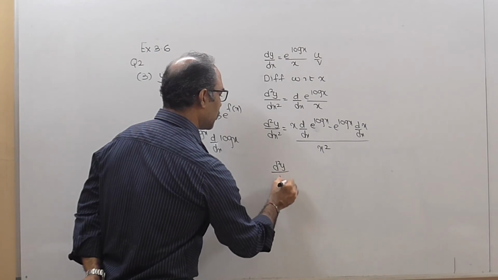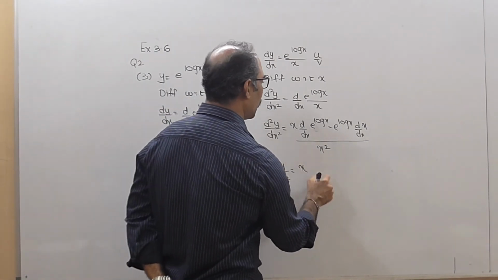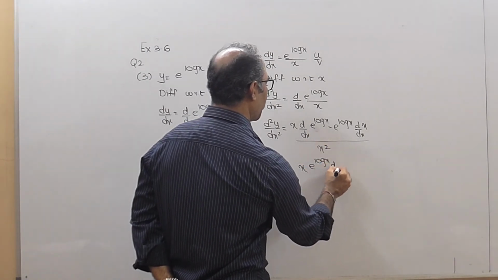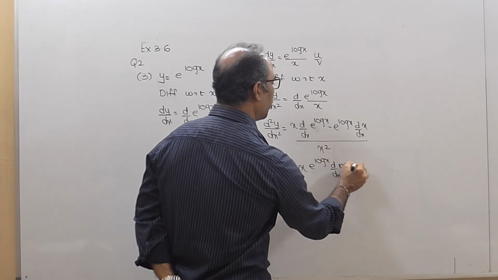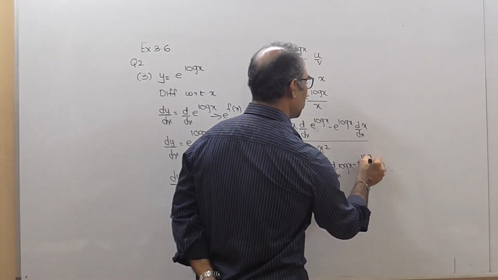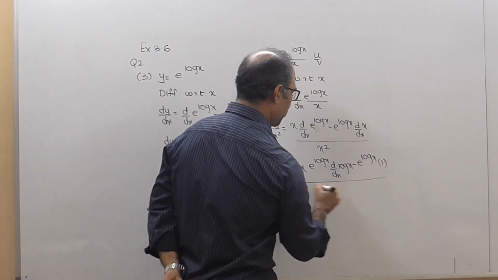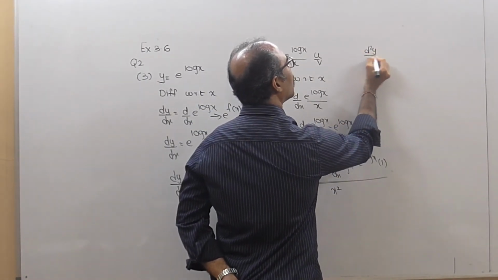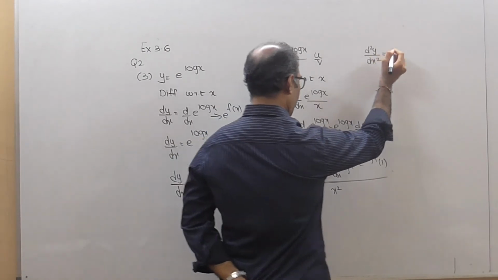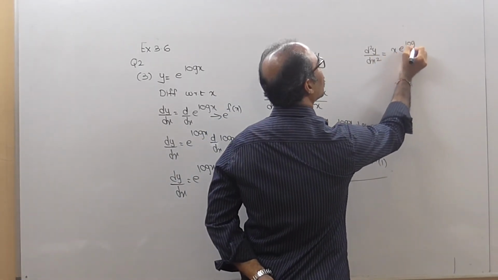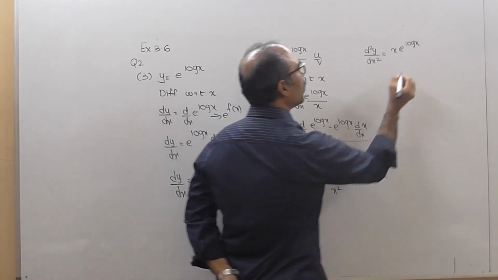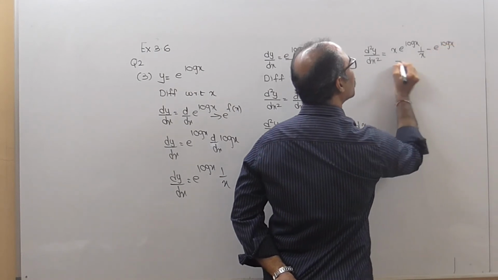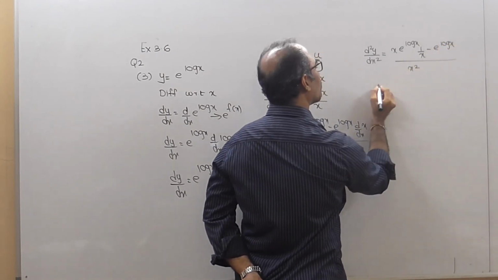So we get d square y upon dx square equal to x, and e raised to log x is e raised to f of x, the derivative will be e raised to f of x, d by dx of f of x, minus e raised to log x, the derivative of x is 1, the whole upon x square. So we get d square y upon dx square equal to x e raised to log x, the derivative of log x 1 upon x, minus e raised to log x upon x square.